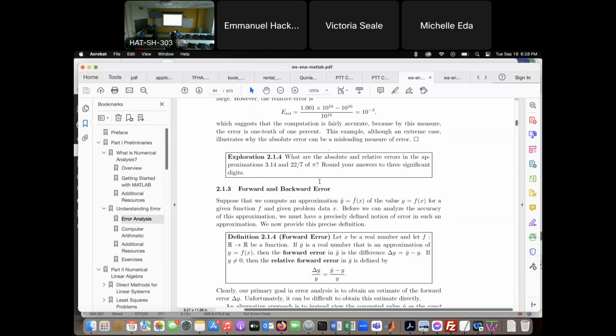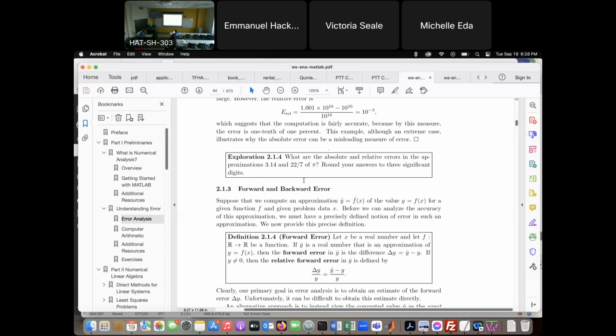And then you do that again with y hat equal to 22 over 7. First do it with 3.14, and then you repeat the process with y hat being 22 over 7.